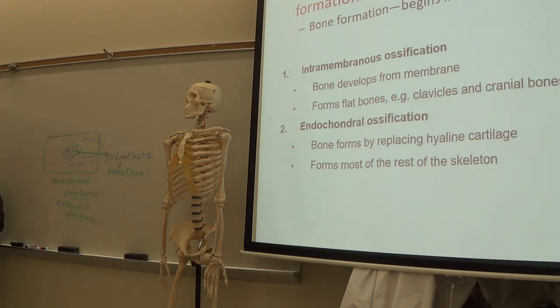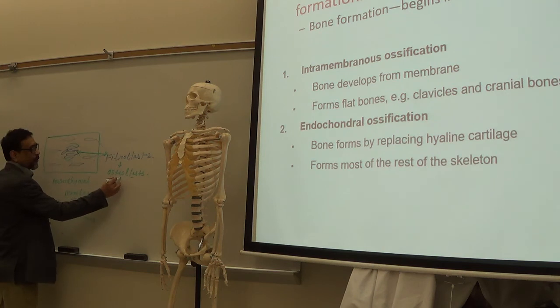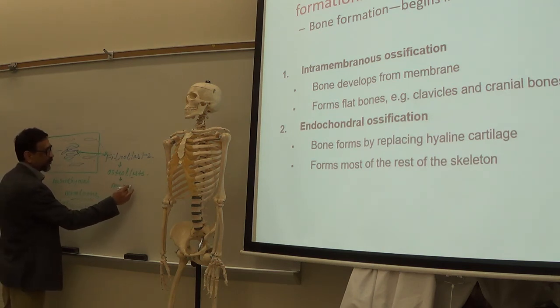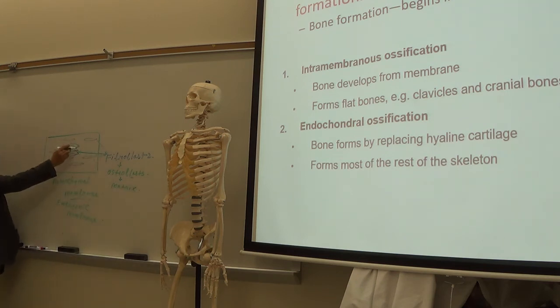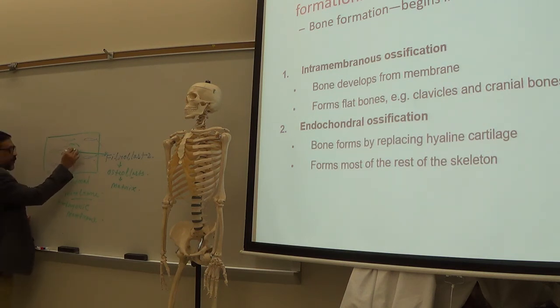Okay? Osteoblasts are what? Young bone cells, right? And they will produce matrix. Same thing, right? So let's see what happens here. These fibroblasts will become osteoblasts. So these are osteoblasts.